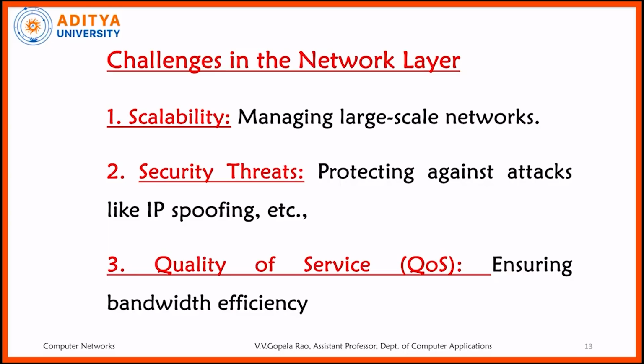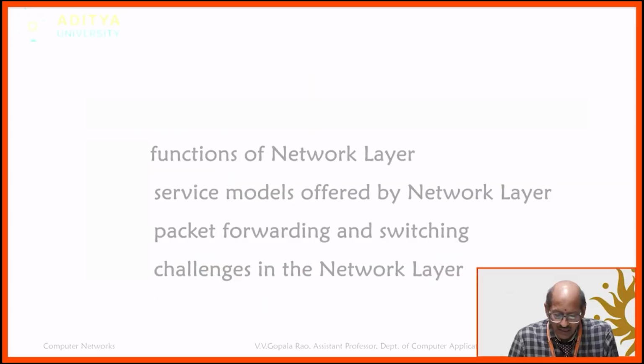Sometimes you go for a common channel with some bandwidth. How can you manage the bandwidth of the channel, ensuring that all the devices get an equal share of it? This is another important challenge you have to look after in the network layer. So these are the challenges to be carried out in the network layer.